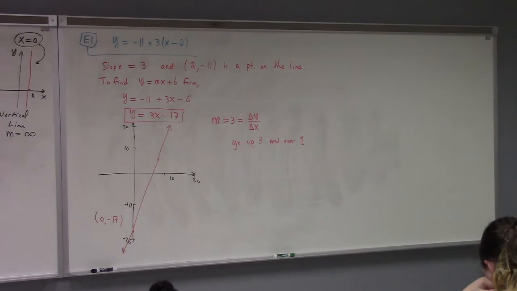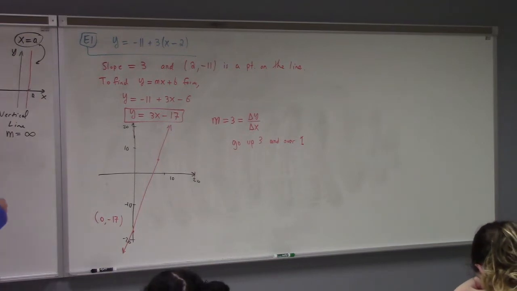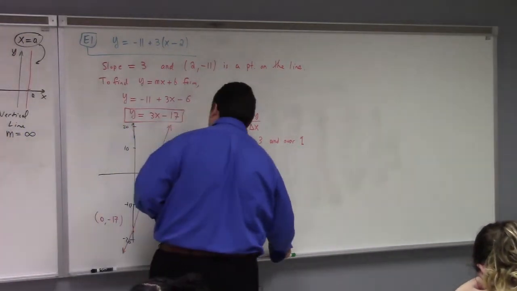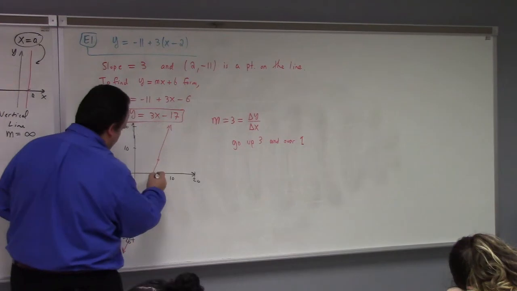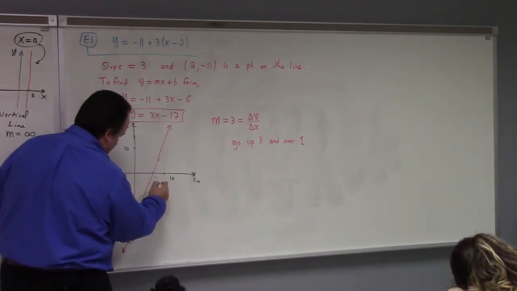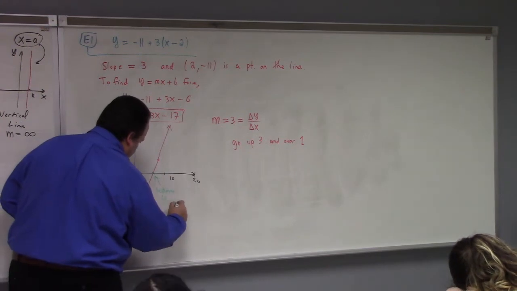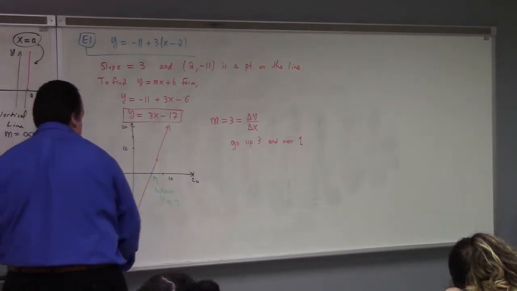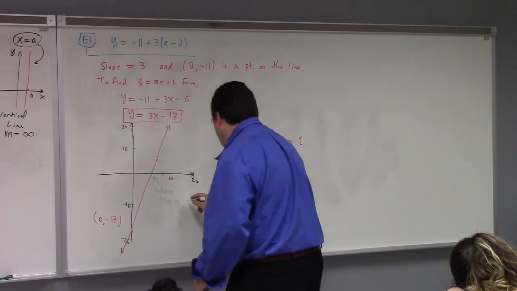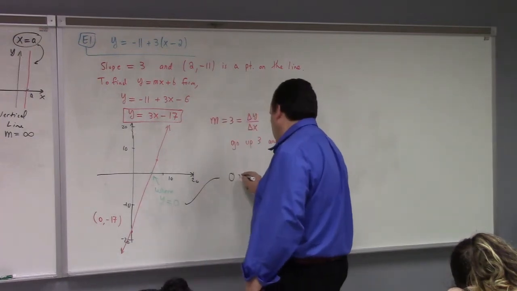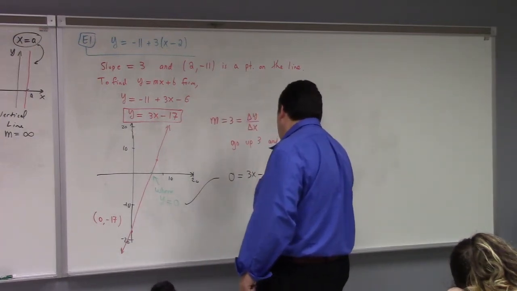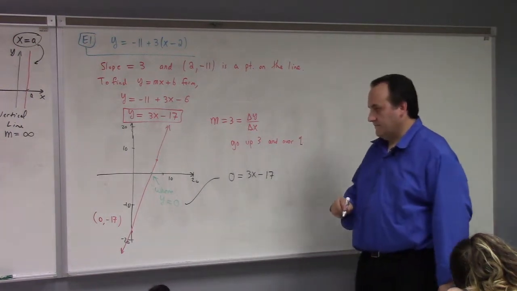If you wanted to find the x-intercept for this line, how would you do it? Where's the x-intercept? Plug 0 in for y. Why would you do that? Because it's right here, right? That's where y is equal to 0. So we just have to set 0 equal to 3x minus 17 if we're interested in the x-intercept.